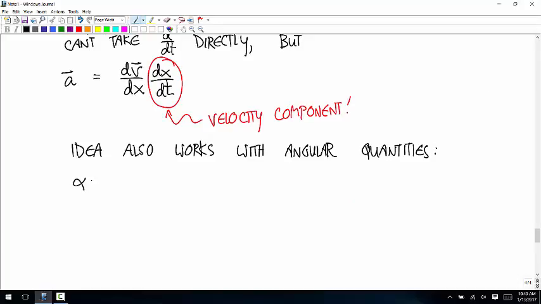The angular acceleration is equal to the derivative of the angular velocity with respect to some angular position times d theta dt. And this is an angular velocity component.